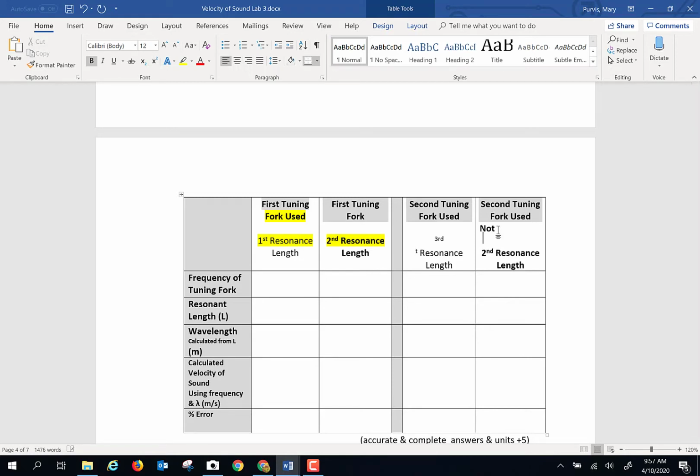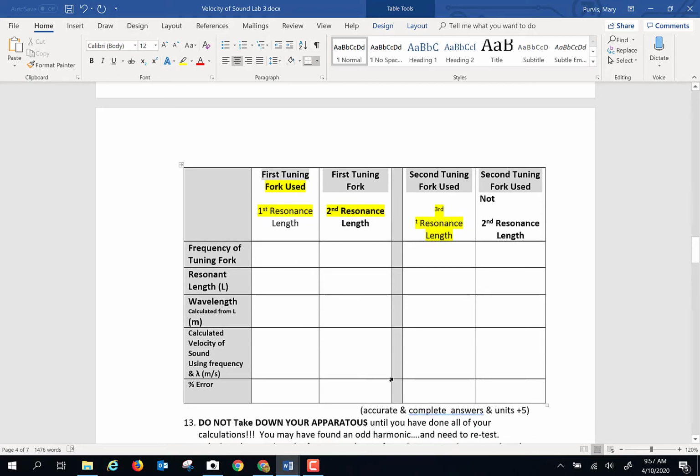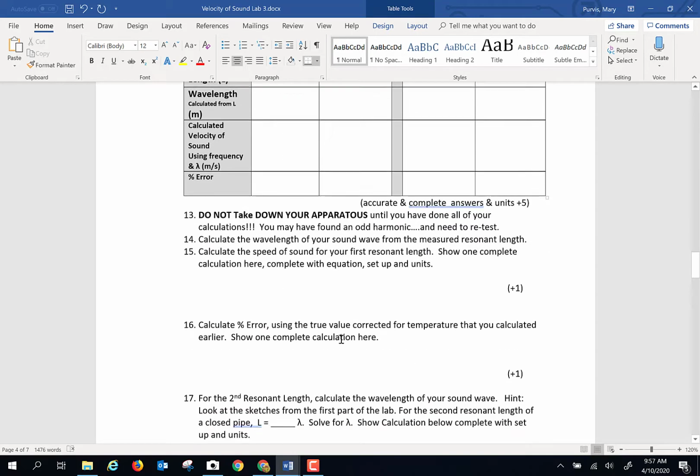So you can chop this last column off, and you are going to be doing the first 3 columns. Please consult the at-home version of the lab if you don't have access to a printer, because I give a lot more detail in the data chart on the at-home version of the lab.